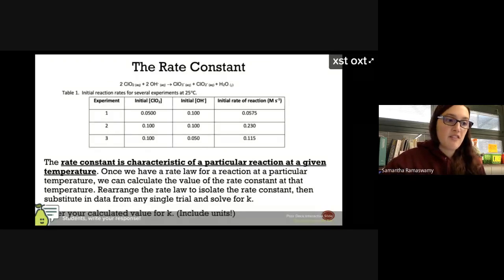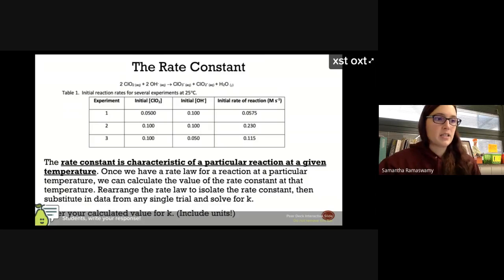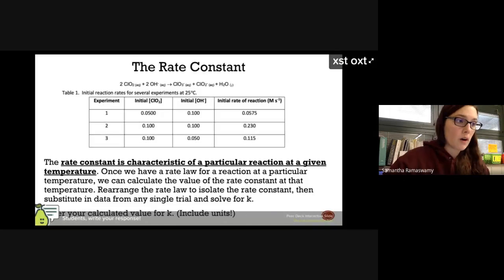When you plug in the values, you actually get M to the minus 2, s to the minus 1, or 1 over M squared times s. Either one of those works. But remember, for third order overall, your units are M to the minus 2, s to the minus 1.